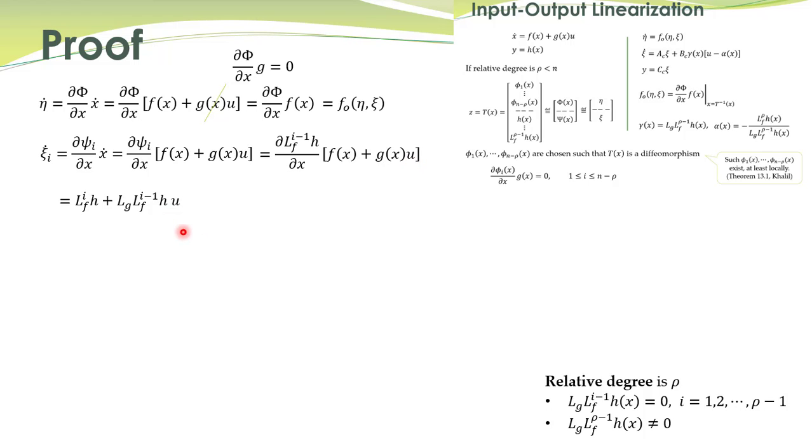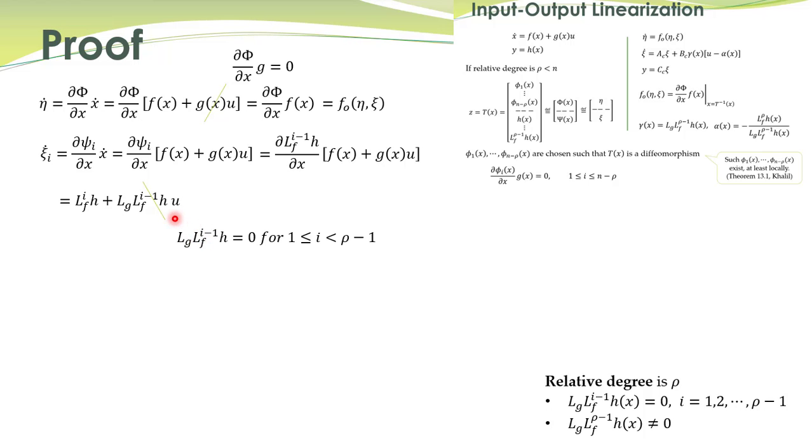So we see that from the definition of relative degree, for i from 1 up to rho minus 1, this thing is equal to 0. This thing is equal to 0 for i starting from 1 up to rho minus 1.